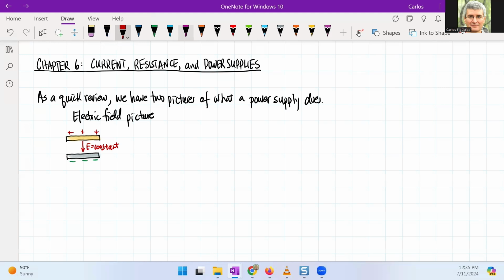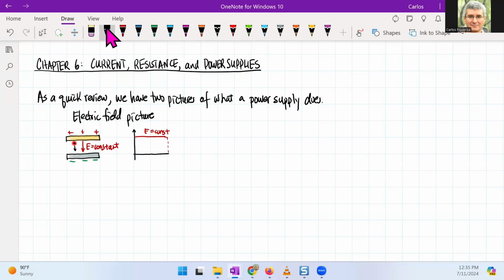So if I put a test charge here, it's going to move from the positive to the negative plate. If I plot the electric field picture, we find that E is equal to a constant as soon as that power supply is turned on.